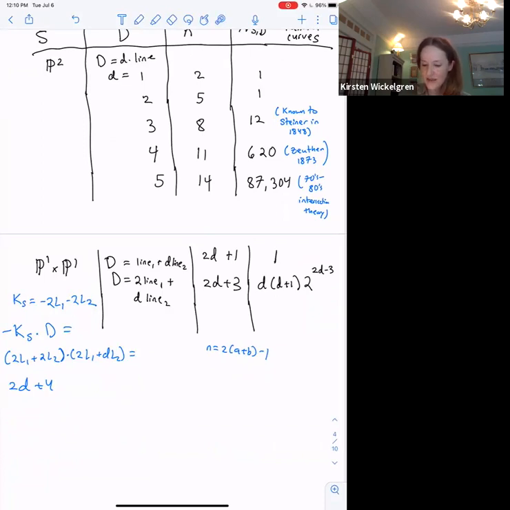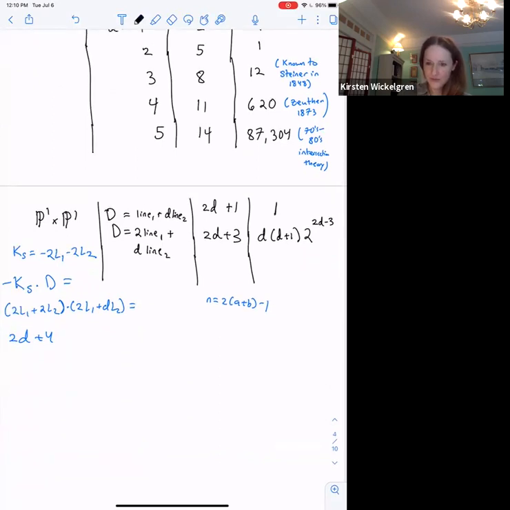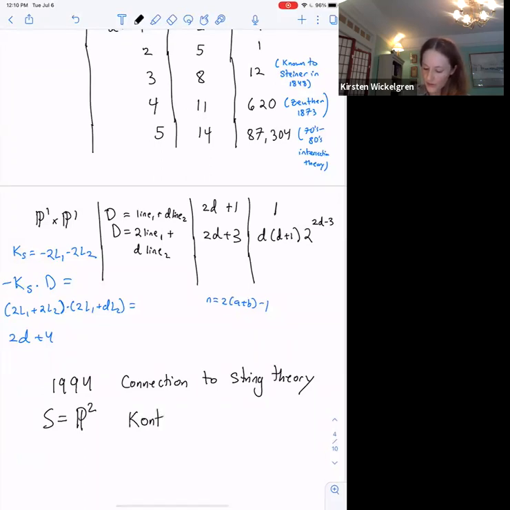Interestingly, it sort of stopped there until there was this connection with string theory due to Kontsevich. Around 1994, these numbers were computed by a recursive formula.